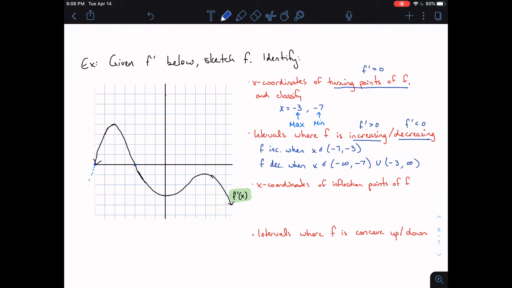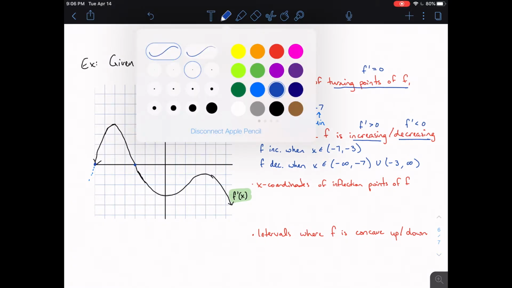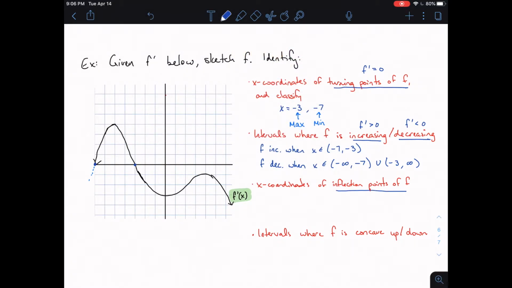So the x-coordinates of the inflection points of f. The inflection points of f are where the second derivative is equal to 0. Well, how do you find that here? Well, we're given f prime. Right? F double prime is the derivative of the first derivative. So anywhere my slope of f prime is 0, think about it that way, is where I have an inflection point.